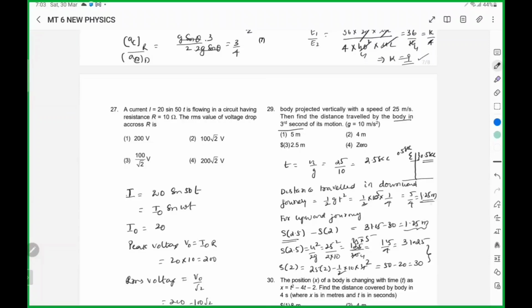In upward journey and downward journey, total distance traveled is 1.25 plus 1.25, that is 2.5 meters.